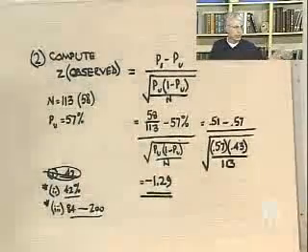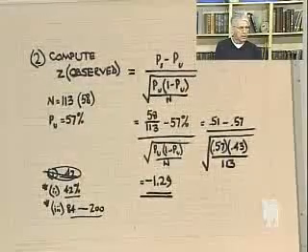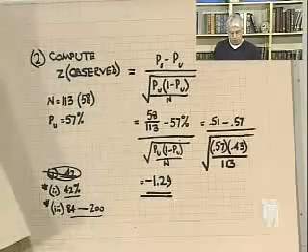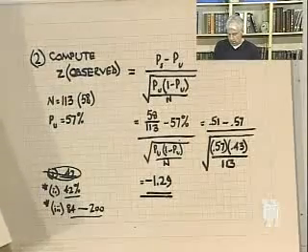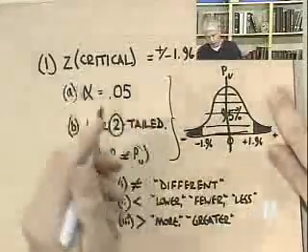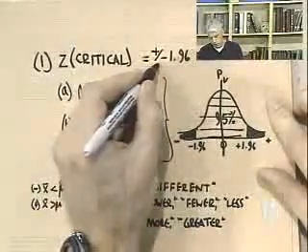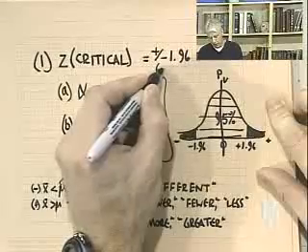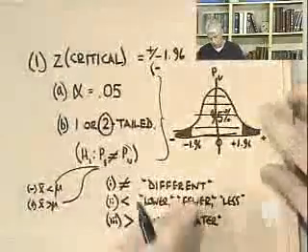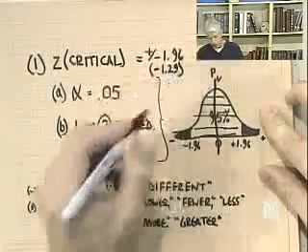Step 3 is to use these two pieces of information to evaluate the null hypothesis. Well, here we are. Z critical is plus and minus 1.96. I believe that the observed Z score was minus 1.29.